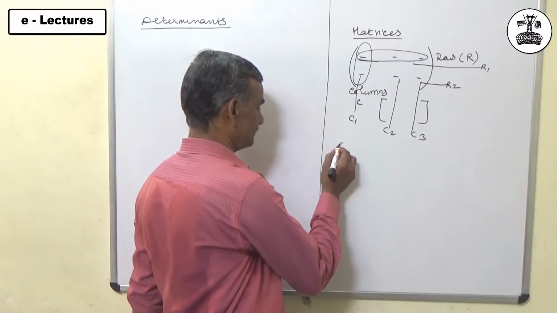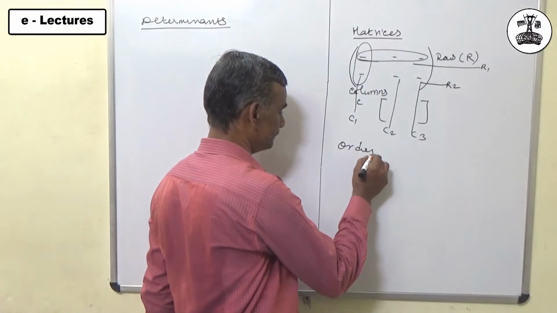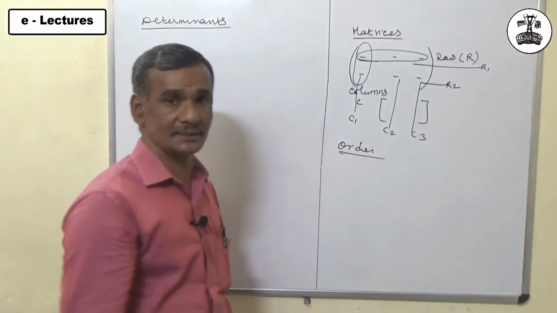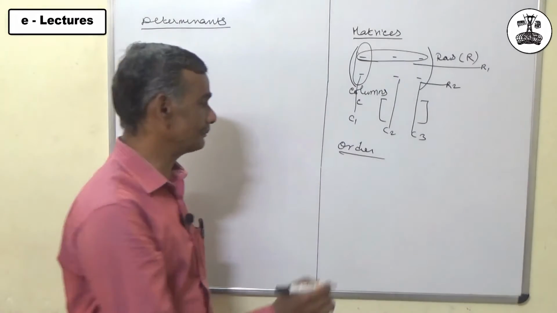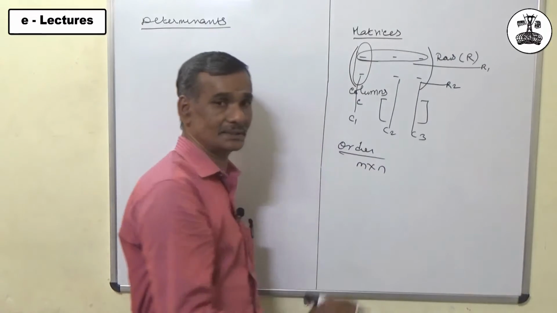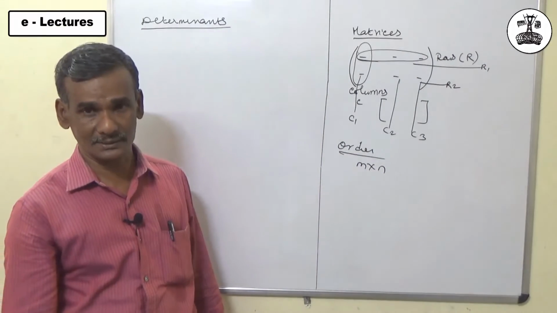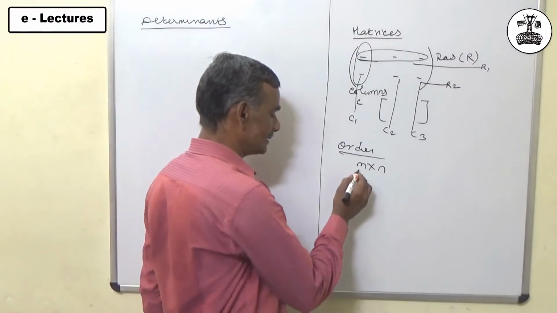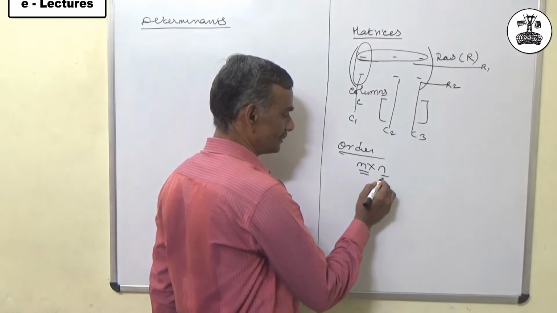Next, order. A matrix is said to be of order M cross N if it has M rows and N columns.